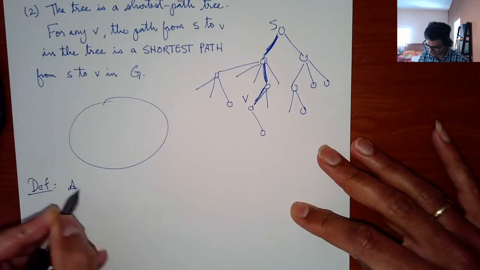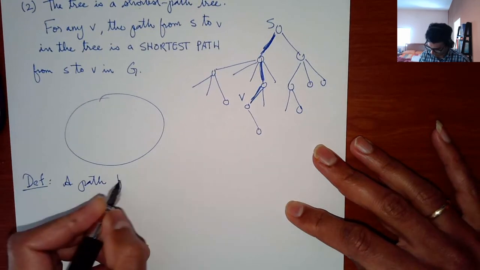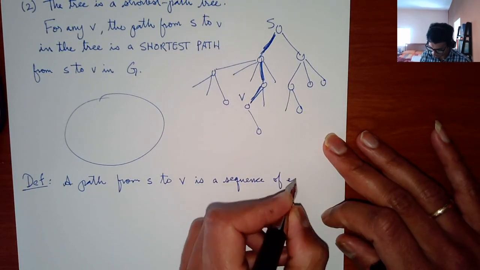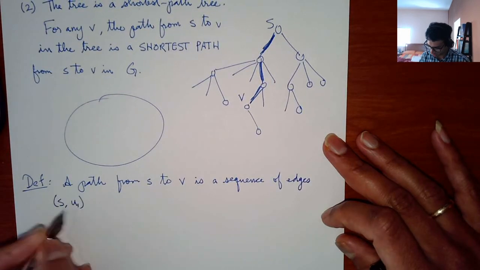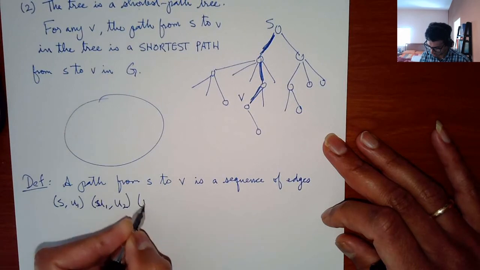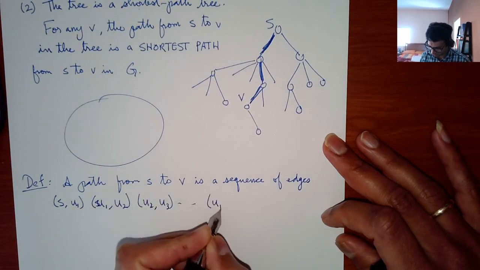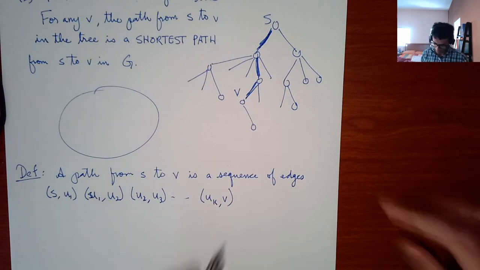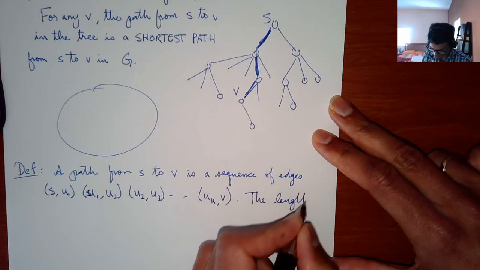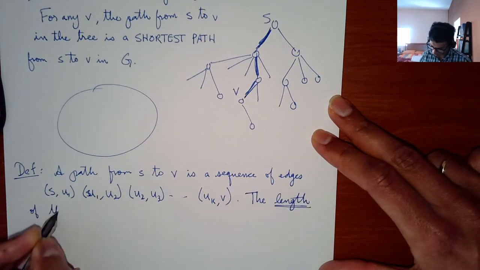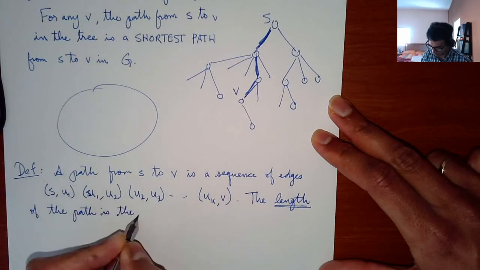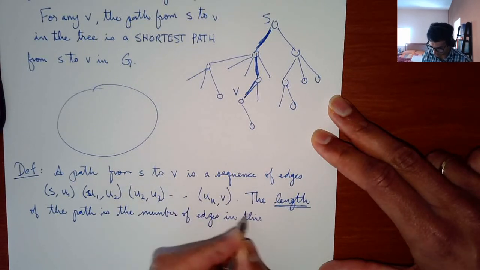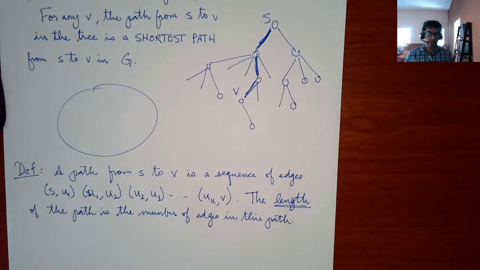So let's define a path from S to V as a sequence of edges: S comma U1, U1 comma U2, U2 comma U3, and so on and so forth until Uk to V. It's just a sequence of edges that links S to V. The length of the path is the number of edges in this path. So this path I gave here has a length of k plus 1.